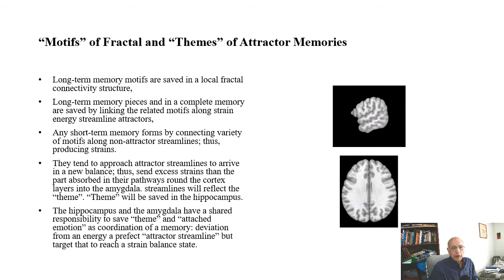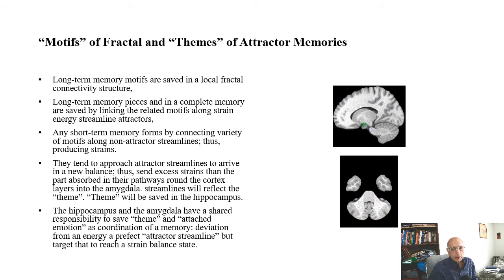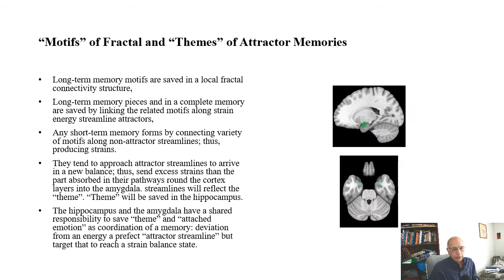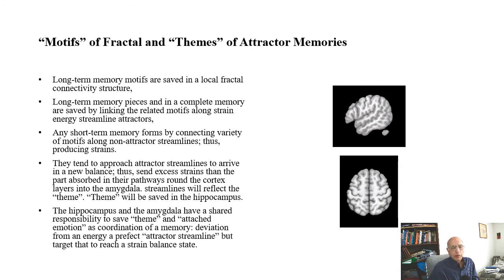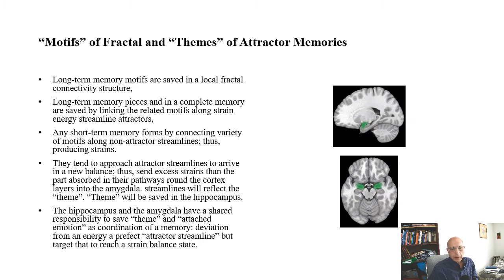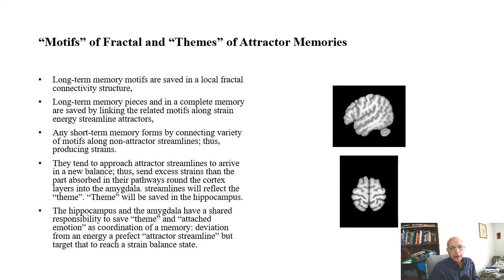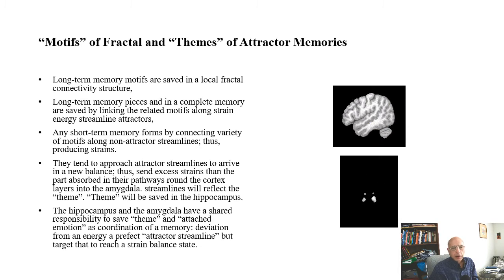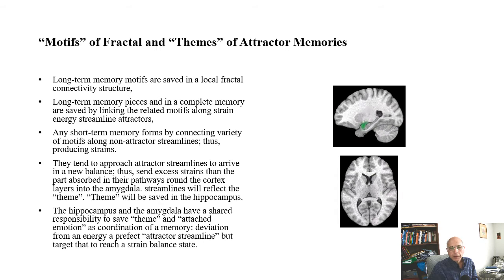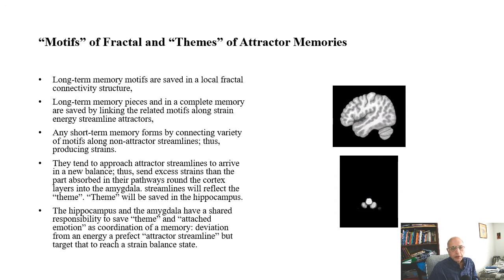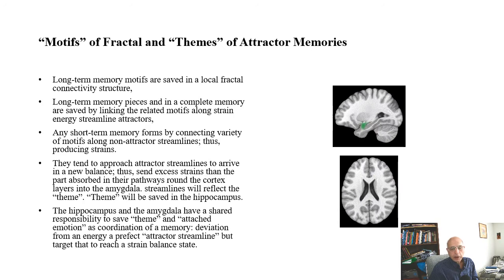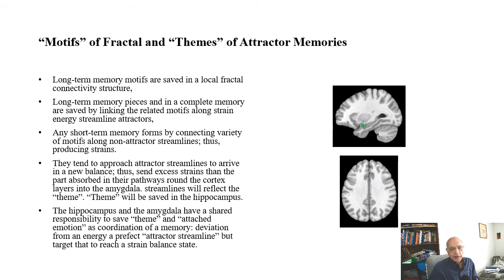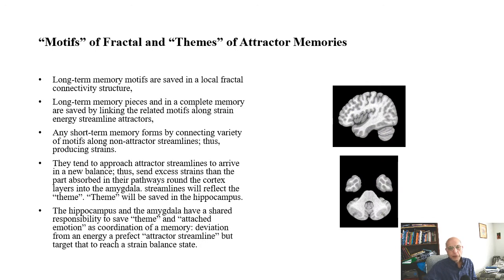A deviation from an energy attractor seems as the emotion, attached emotion, and targeting attractor streamlines is the theme of the activity. And in a long-term memory, these two coordination fix and stabilize the memory for future recalls.